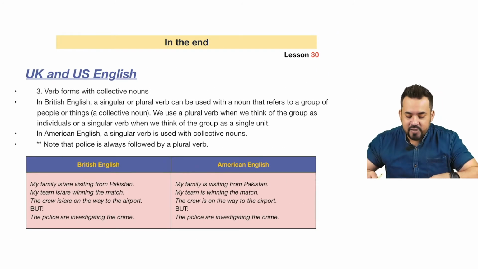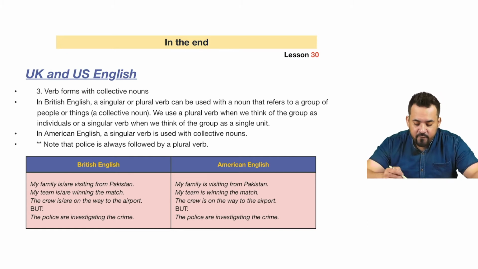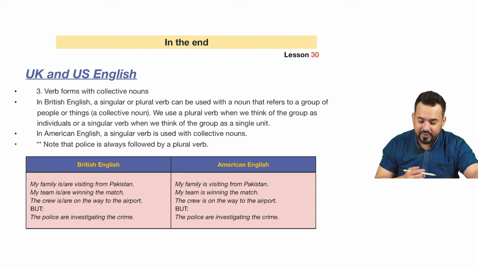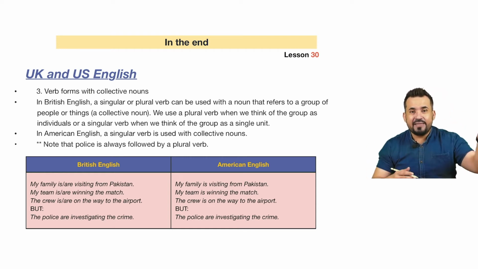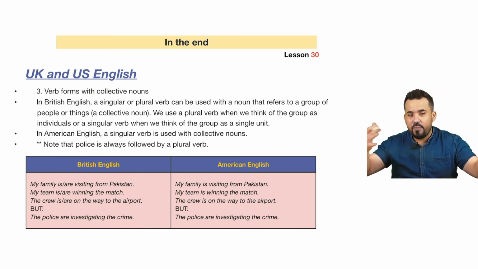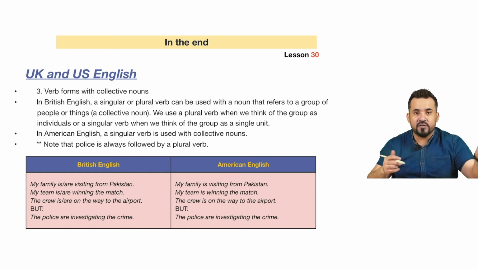All right, let's talk about more differences in English, American versus British. Verb forms with collective nouns. In British English, a singular or plural verb can be used with a noun that refers to a group of people or things. Collective nouns, like a team or the population of a country like France.